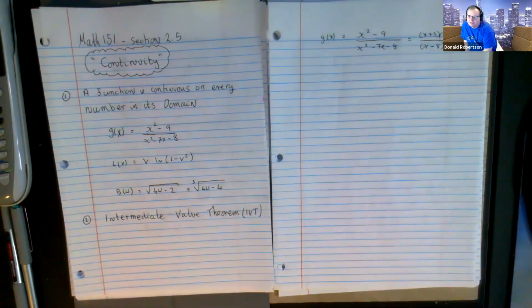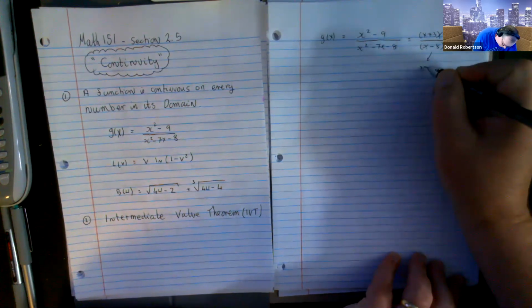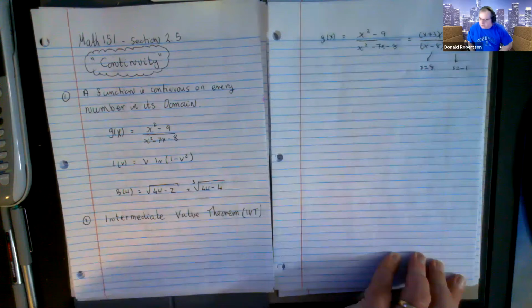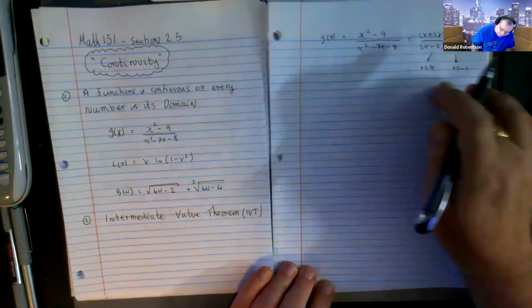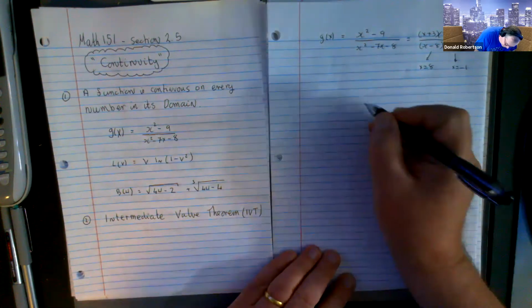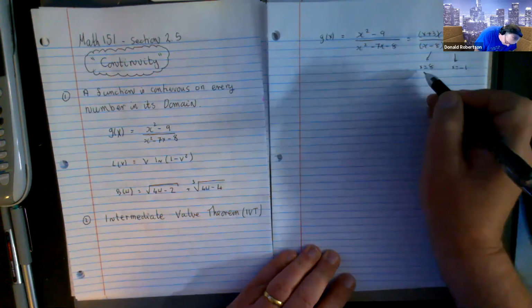Would you agree that when you've got a thing like this factored, it's much easier to find the places that are going to cause trouble? In fact, there are 2 of them. Isn't 8 going to cause trouble? And isn't -1 going to cause trouble? So if I ask you what's the domain of this function, which is the same thing as when is it continuous, the answer is any number you like, but you can't use either of these.